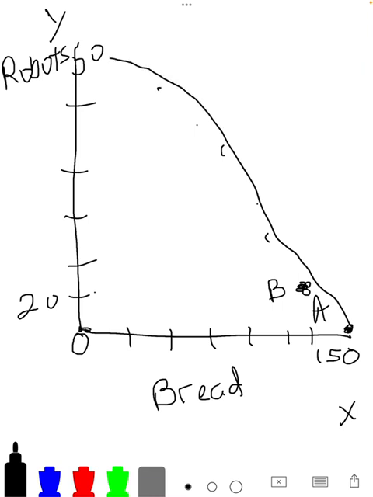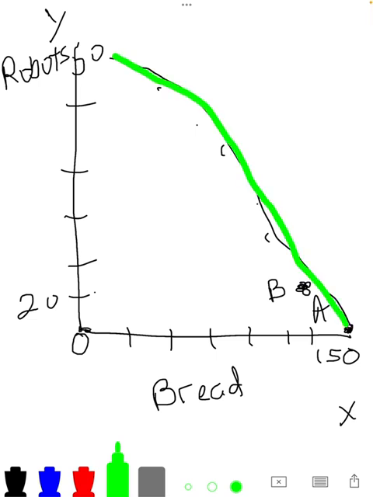All right, now a couple of other important points. This entire line, this curve, I'm switching to the highlighter now. I'm going to draw a big highlight. Anywhere on this line is an efficient point, meaning all of your resources are being used.